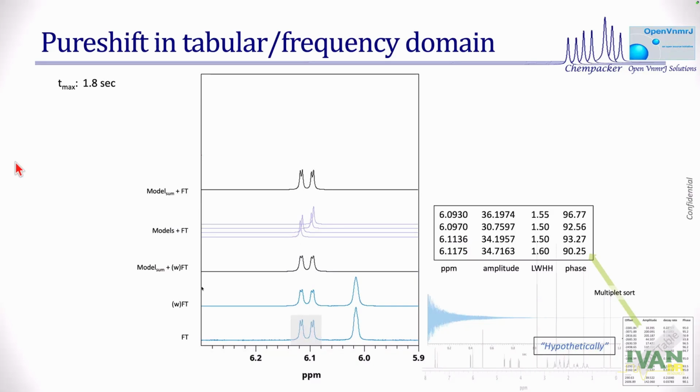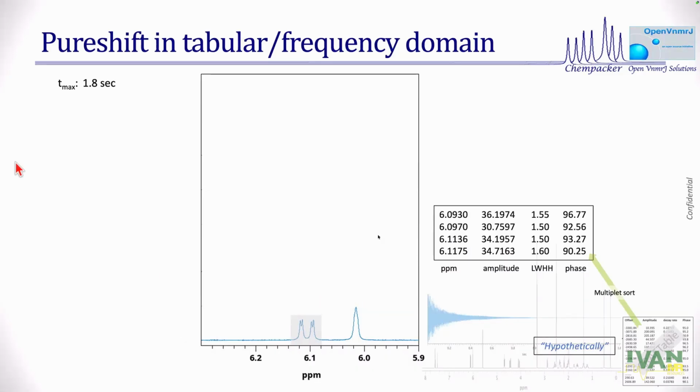And here I'm ahead of my talk in the sense that I'm showing you a Fourier transform result without a weighting function. This is a Fourier transform with a weighting function. And then I'm also showing you FT and WFT kind of results. These are just Fourier transform results of FIDs simulated from this table. Different ways of simulating the same FID.